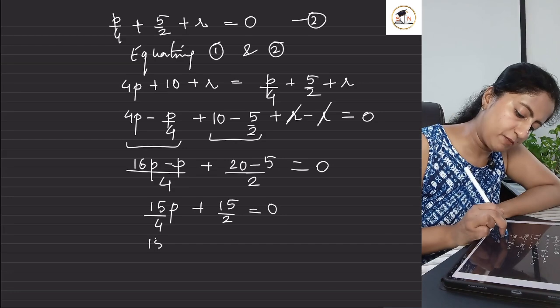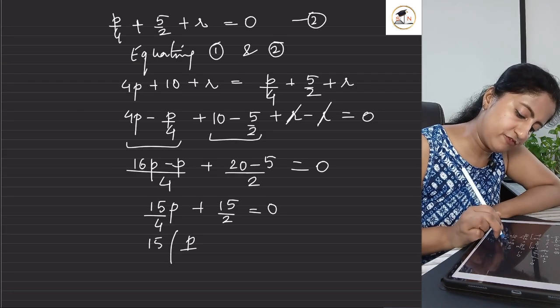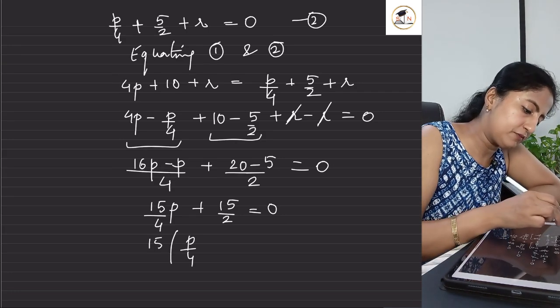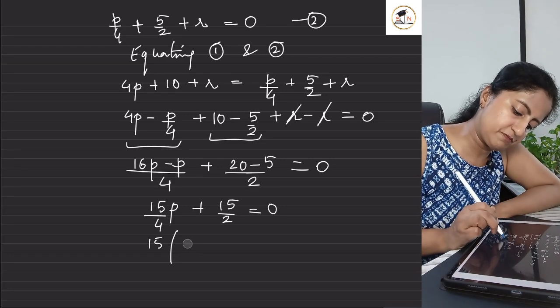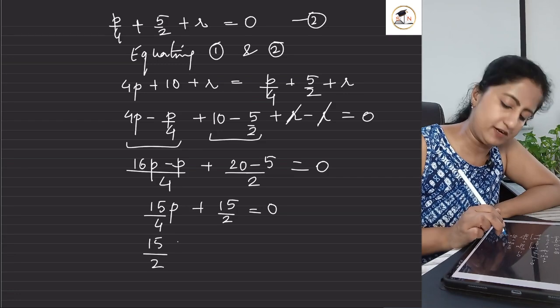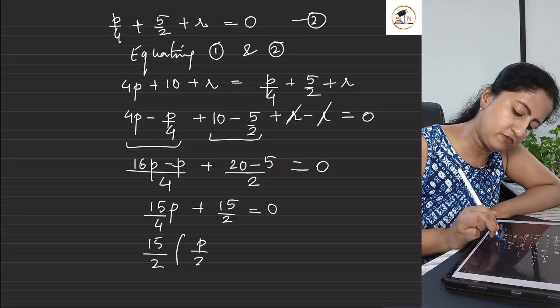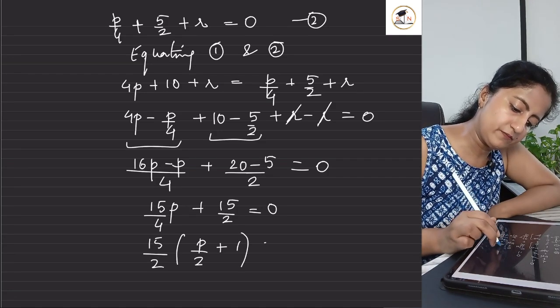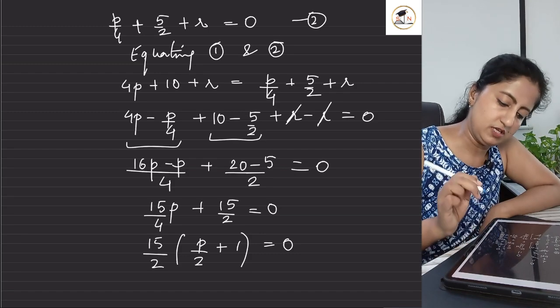I am taking out 15 over 2 as a common factor. That leaves me with p over 2 plus 1 equals 0.